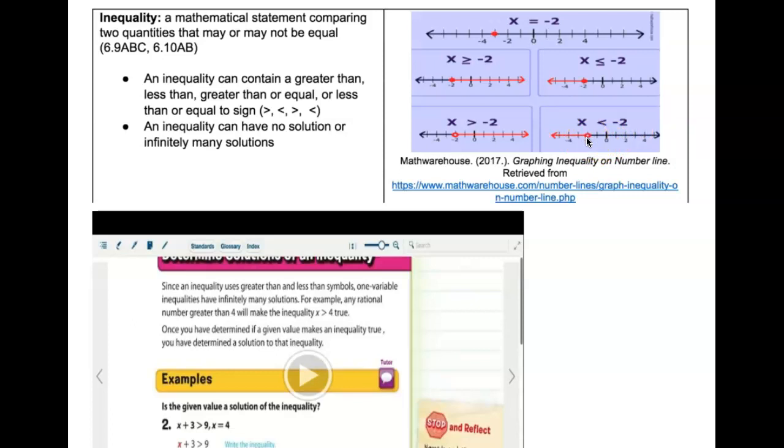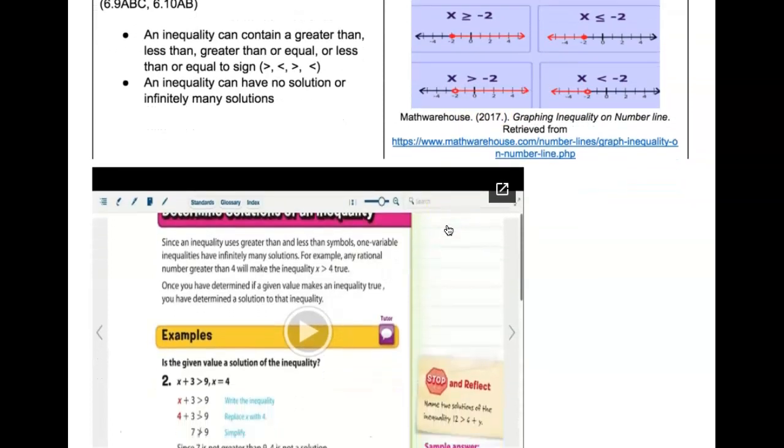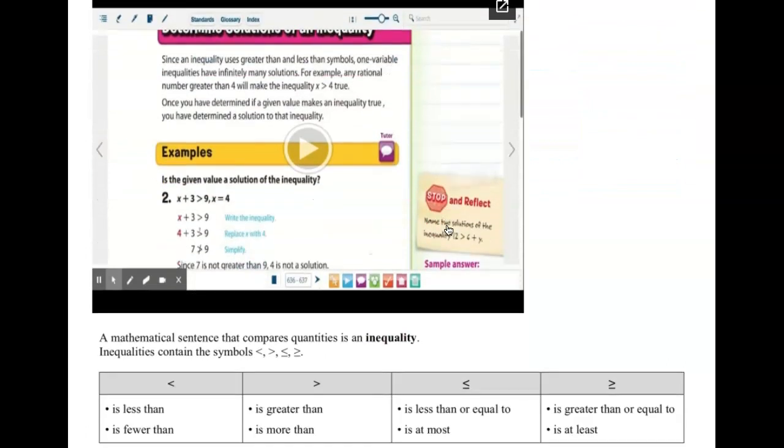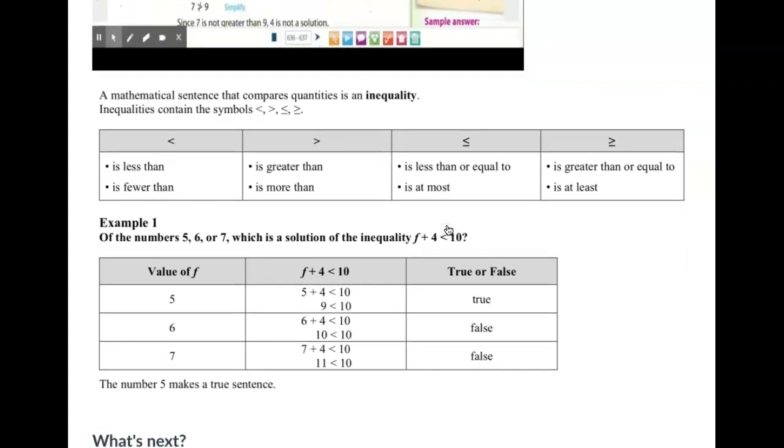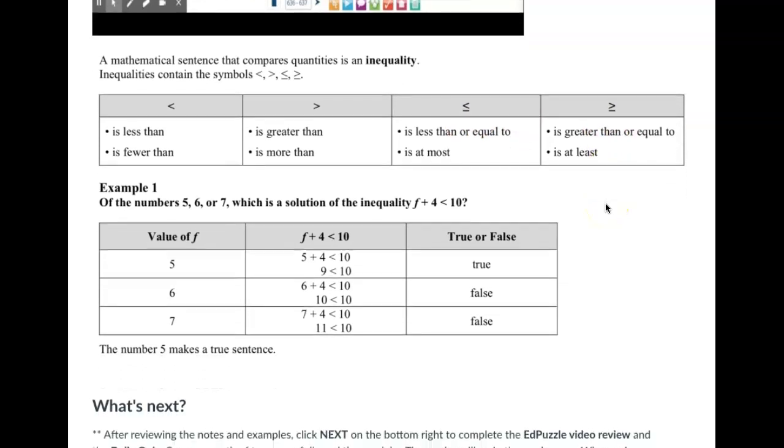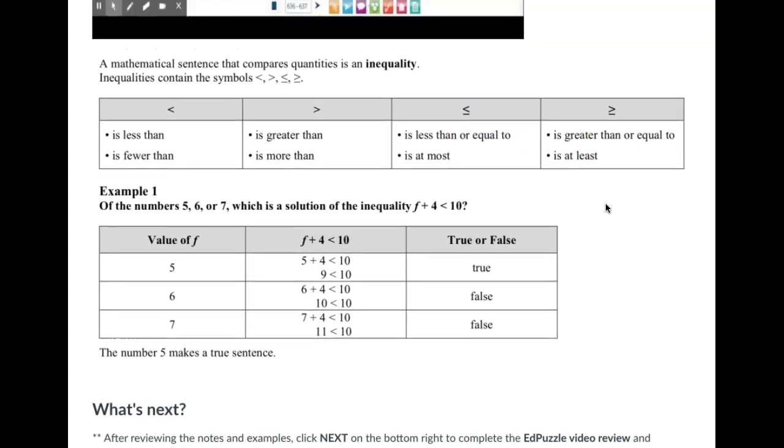X cannot be equal to -2, but anything less than -2 can be a possible answer. So inequalities have infinite numbers of answers. All right, less than symbol, greater than symbol, less than or equal to, greater than or equal to are all things we need to remember how to recognize.